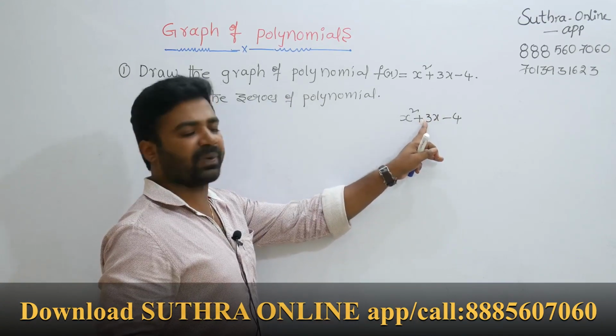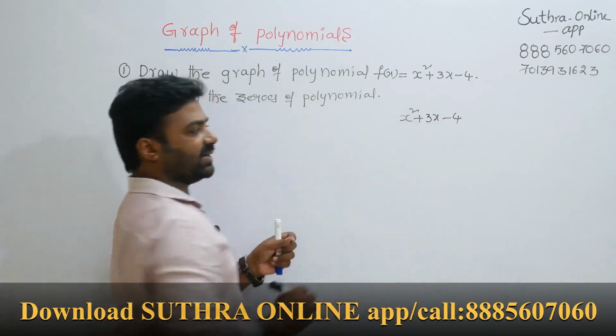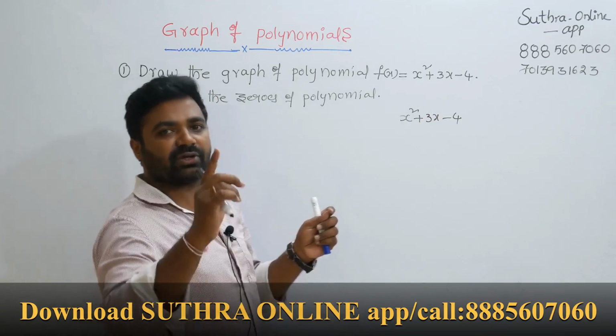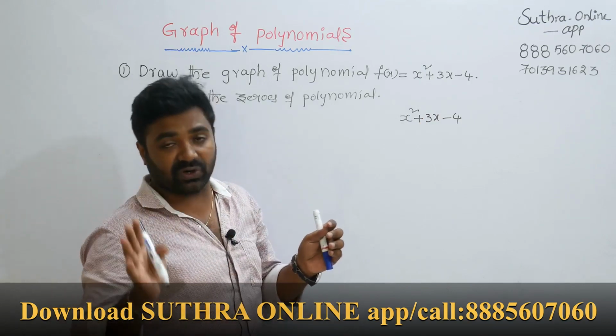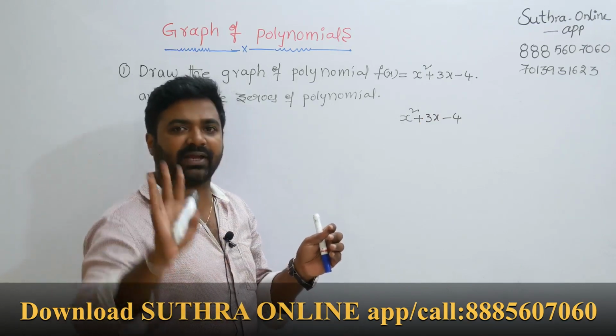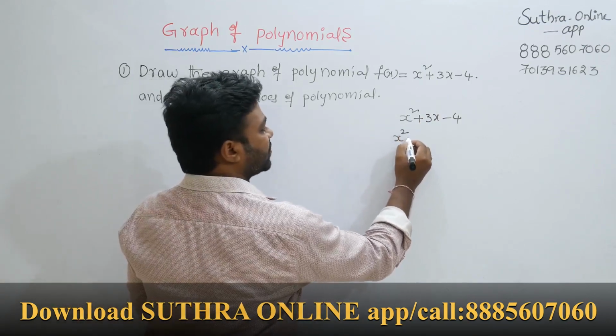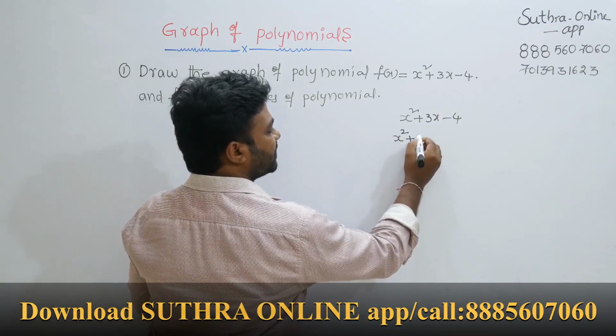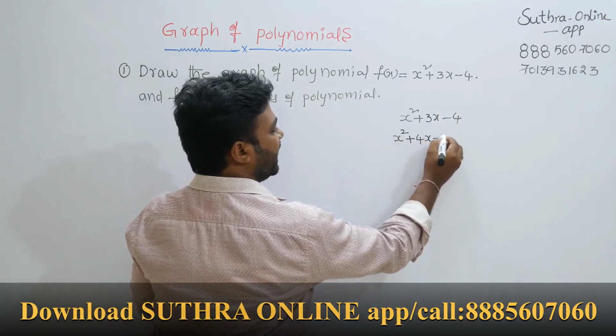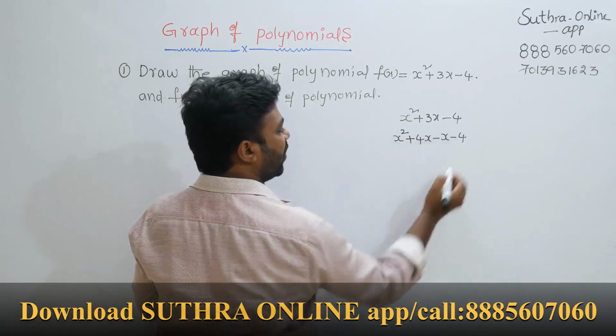The middle term plus 3 can be written as plus 4 into minus 1. Now x square plus 4x minus x minus 4.